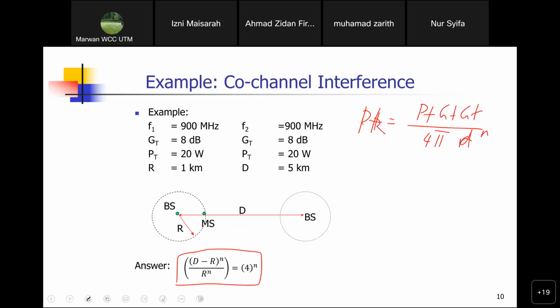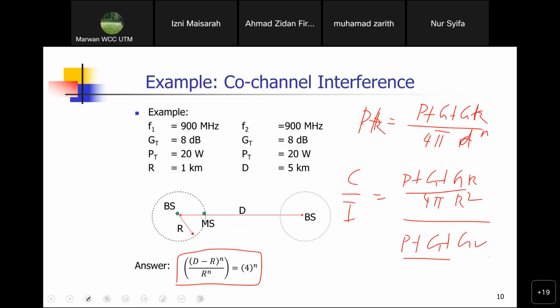So if you look at C over I, you get PT, GT, GR over (4 pi R) squared, divided by PT, GT, GR over (4 pi (D minus R)) squared.